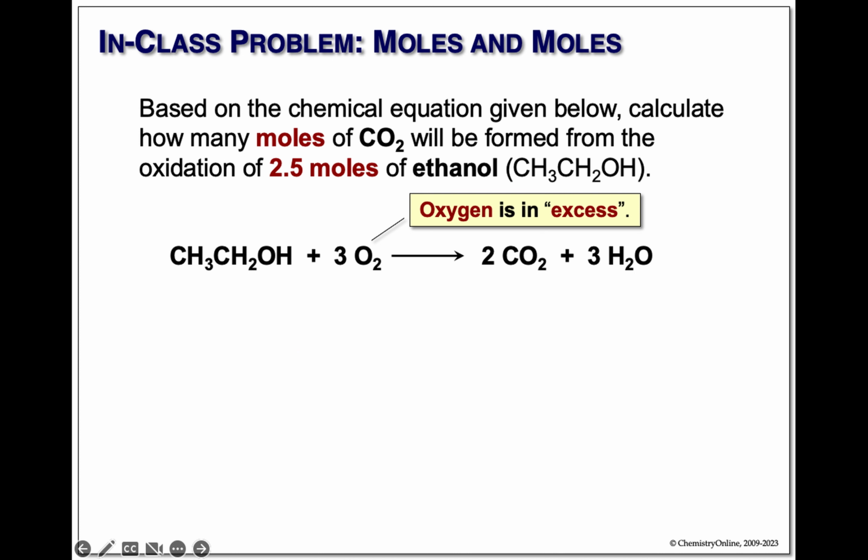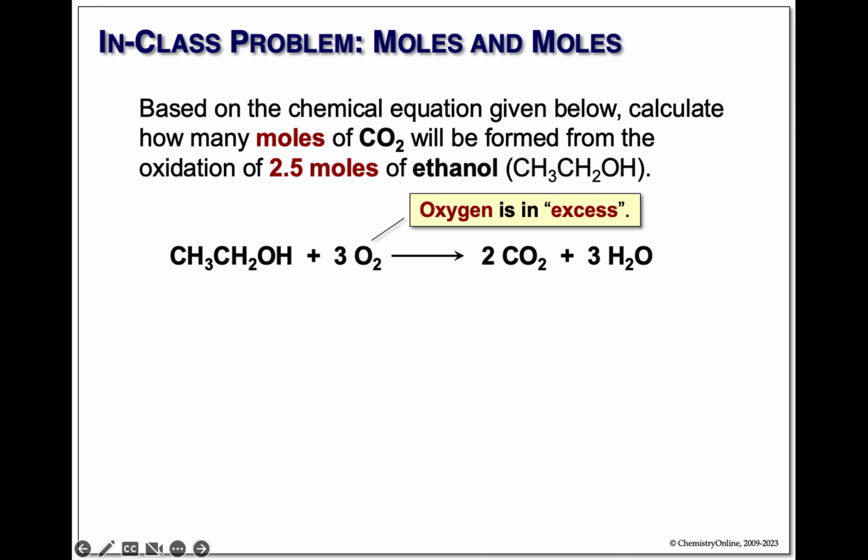All right, here we have the organic alcohol, ethanol, and it's reacting with oxygen to give CO2 and water. First thing you want to do is always check. Make sure your equation is balanced. 2 carbons, 2 carbons. We have 6 hydrogens, 6 hydrogens.